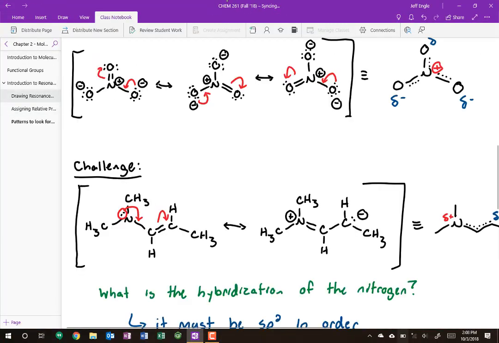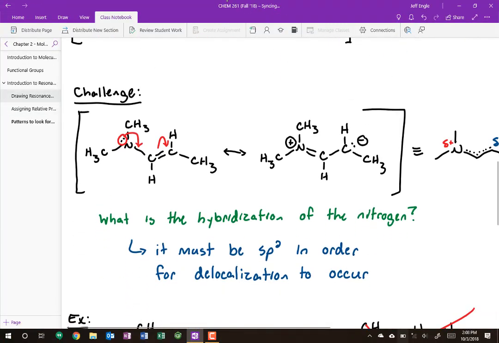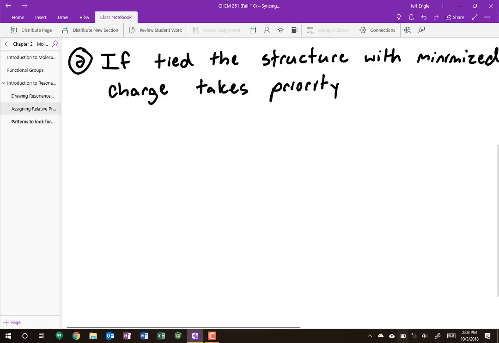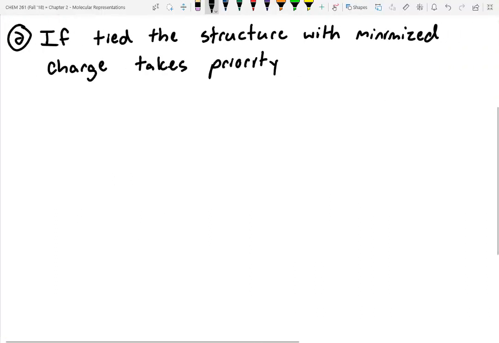We already did an example in our challenge problem, right? We said the structure on the left was a more important contributor because it didn't have charge, meaning minimized charge, compared to the one on the right that did. So this would be an example of the one on the left being a major contributor. All right, so that's pretty self-explanatory. Octets are number one. Number two is try to minimize charge. The one with minimized charge will be more important.